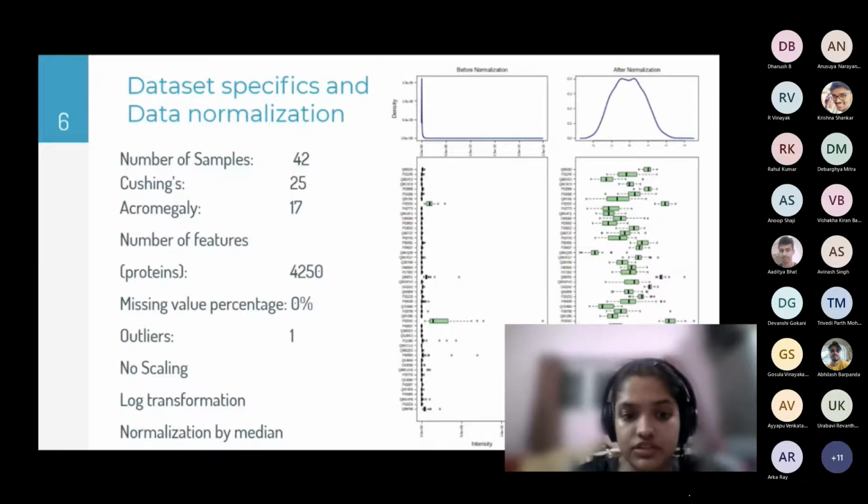The number of features, or the number of proteins, chosen was around 4,250. There was no missing value in the data given to me, and there was a single outlier. While performing the normalization, I did not choose any scaling, I chose to normalize by the median, and I chose to do log transformation.